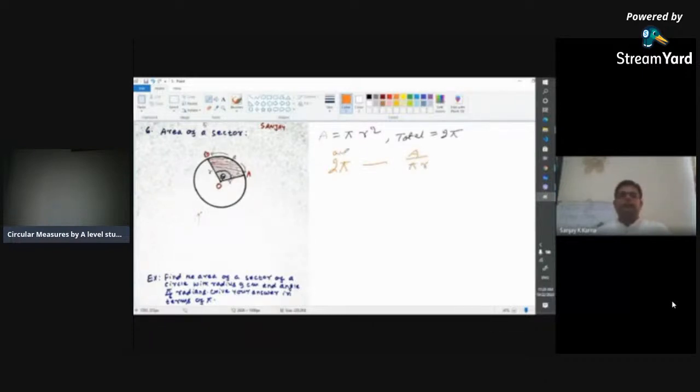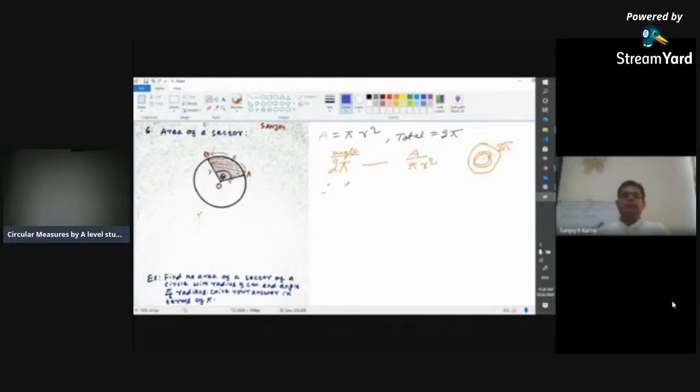So the angle at the center being 2 pi means the whole circle has a total angle of 2 pi at the center. When a point completes an angle of 2 pi, that is 360 degrees, it makes a complete circle. So if the angle is 2 pi, the area is pi r squared.